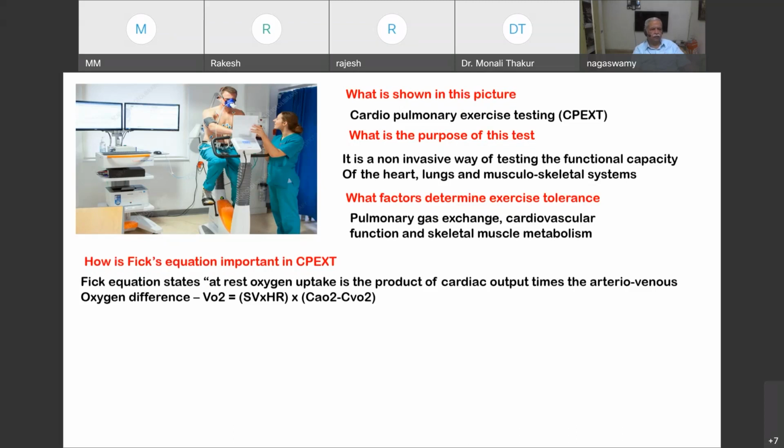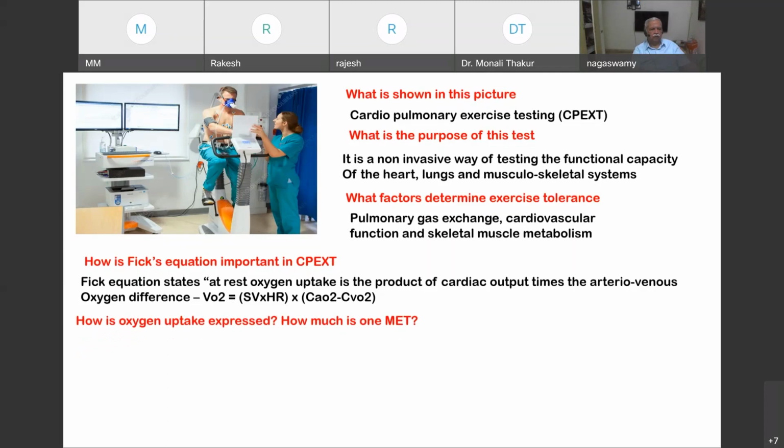At rest, oxygen uptake is the product of cardiac output times the arteriovenous oxygen difference. So the VO2, that is oxygen uptake or consumption, is equal to stroke volume and heart rate, which is cardiac output, multiplied by the arterial oxygen minus venous oxygen difference. That is what you have to multiply.